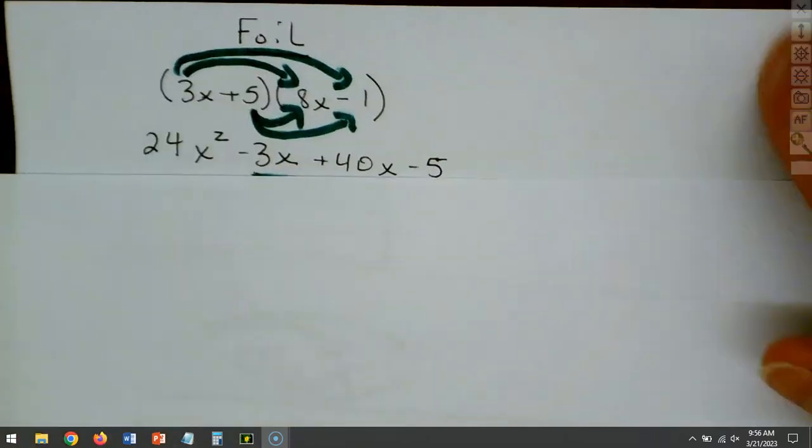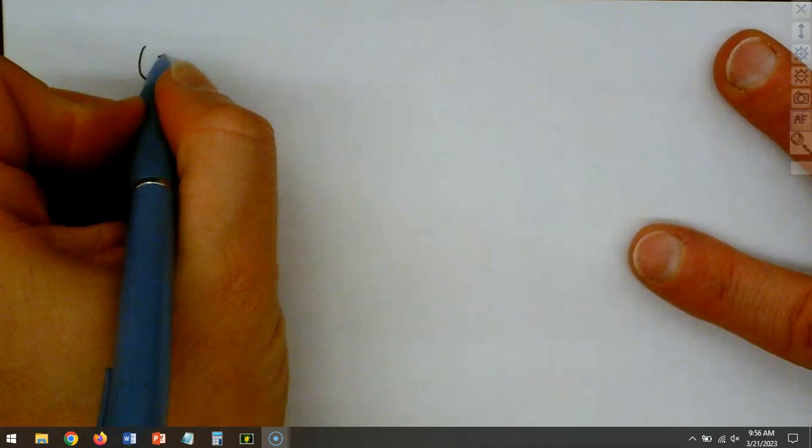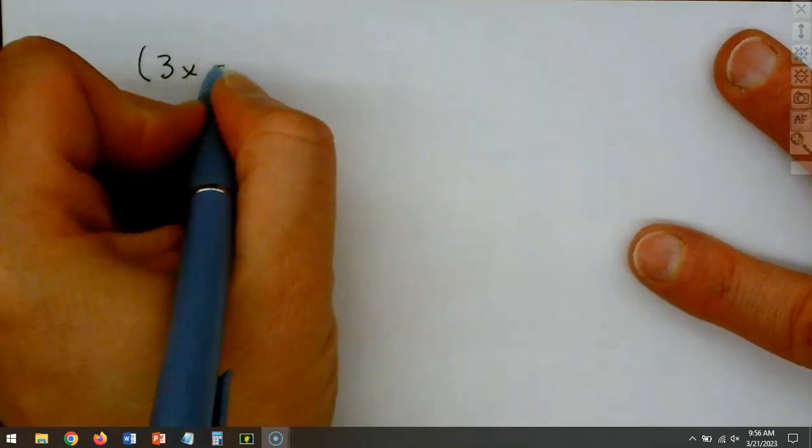What happens if there's more than 4? Well, if there's more than 4, then we have to come up with another way of working these out. And we're going to be using the box method. So this one's going to be too large to FOIL.